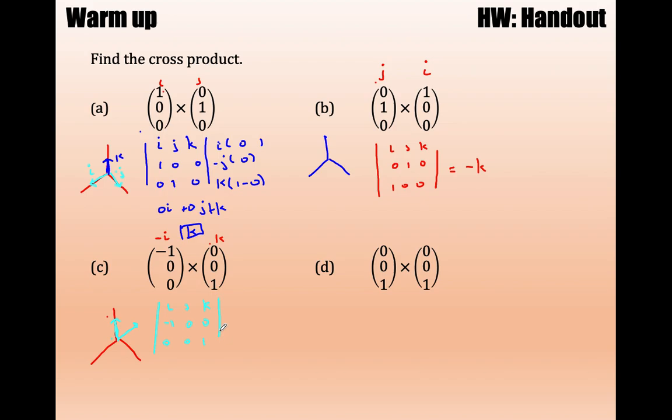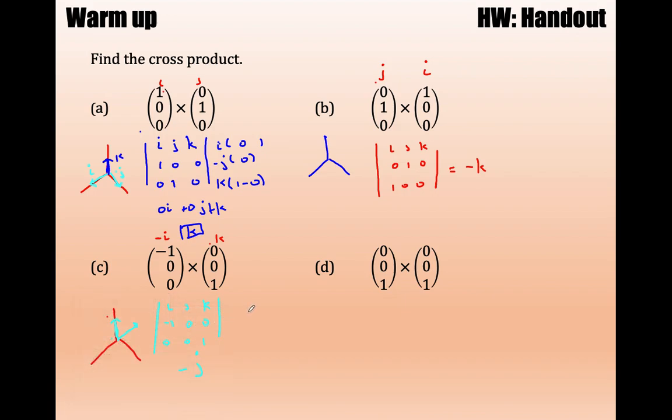What did you get when you did all your mini determinants? Hopefully you can kind of just visualize it now with a bunch of zeros and ones. Certainly I'm going to get 0 for i, but for j I'm going to get -1. And for k I'm going to get 0. So you might be tempted to say, oh, this is -j. What's wrong with that? Good.